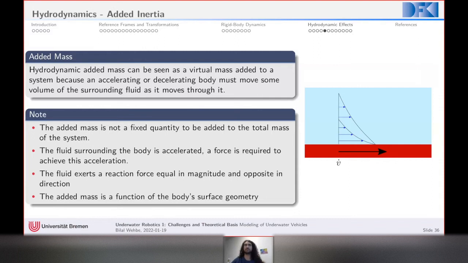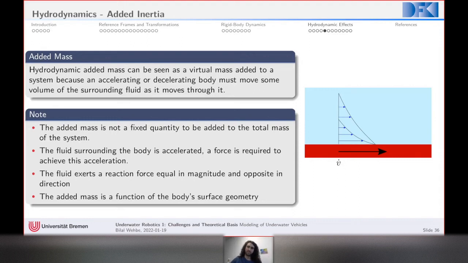Mathematically, this is the convolution of this reaction of the body. So this introduces a so-called memory effect, which we often don't model when we talk about added inertia, because these forces are always going to be a function of the forces that came a time step before.